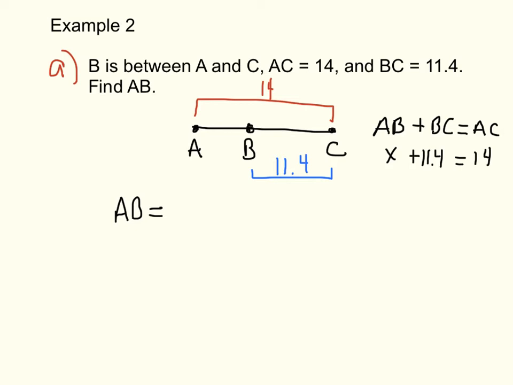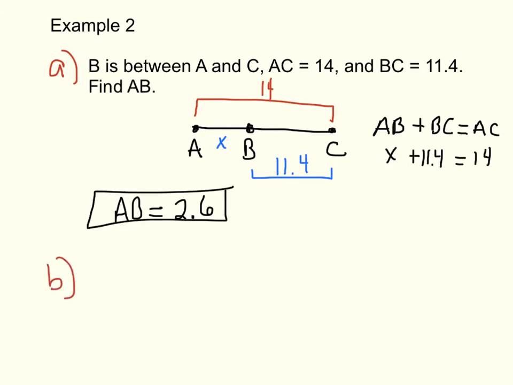Obviously, most of you, I'm hoping all of you, can look at this and say, well, I would just subtract them because I need to find what the distance from A to B is. So 11.4 subtracted from 14 will give you 2 6/10.